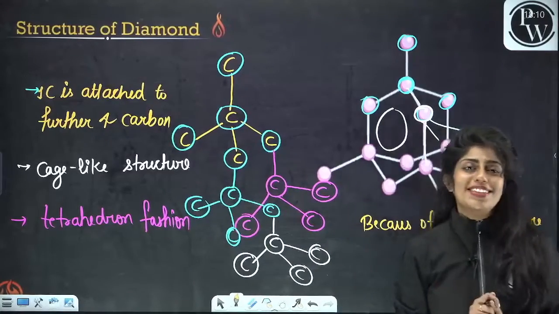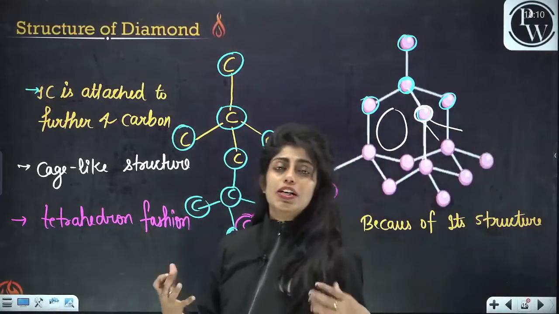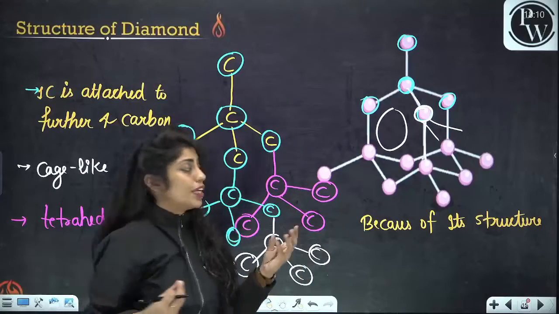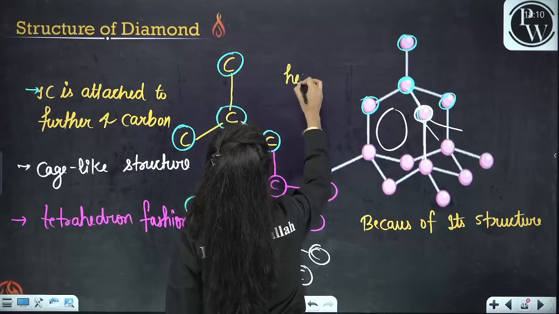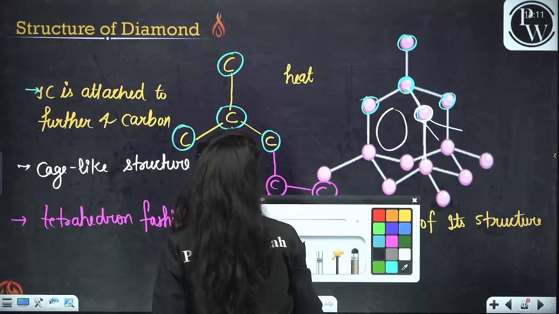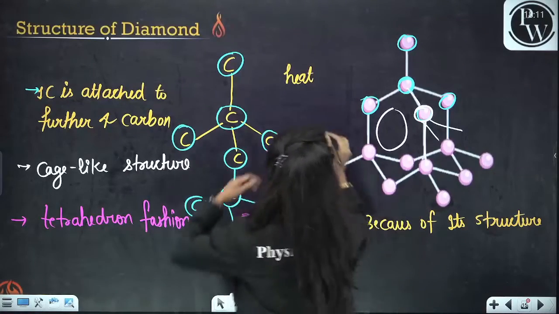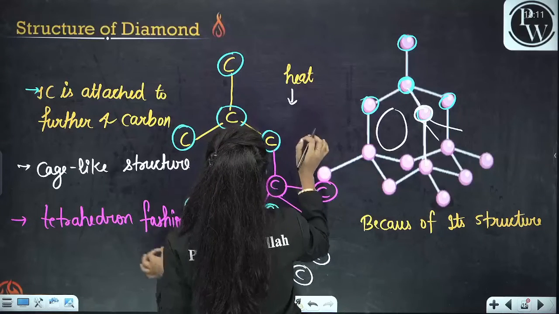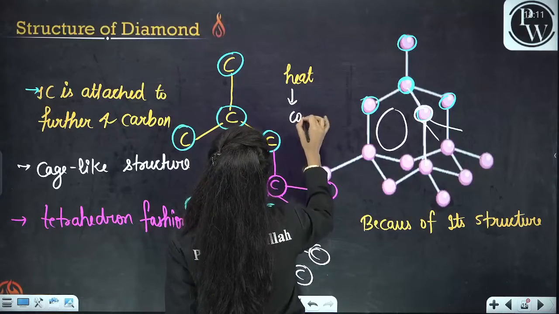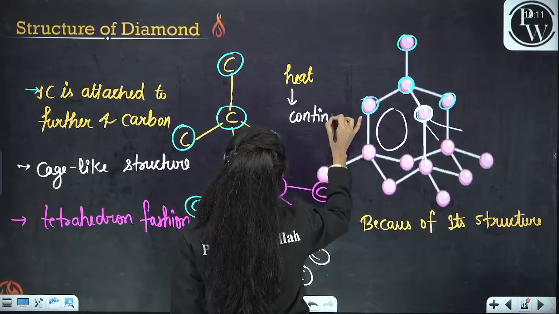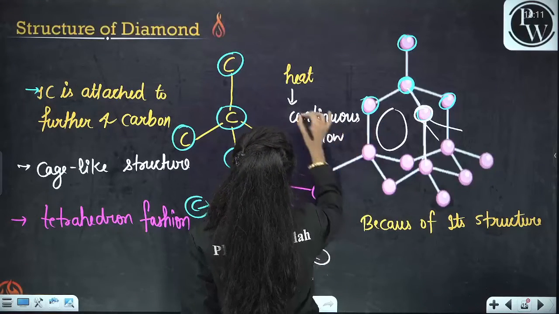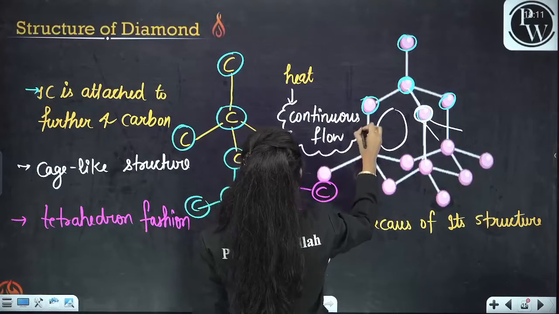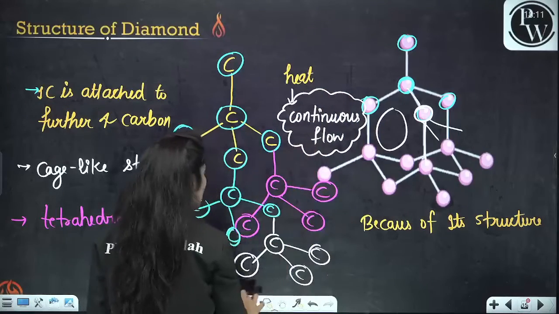Yes, now understand how diamond is a good conductor of heat. Basically, for a good conductor of heat we require only one thing: a continuous flow. It will be a good conductor of heat if there is continuous flow.